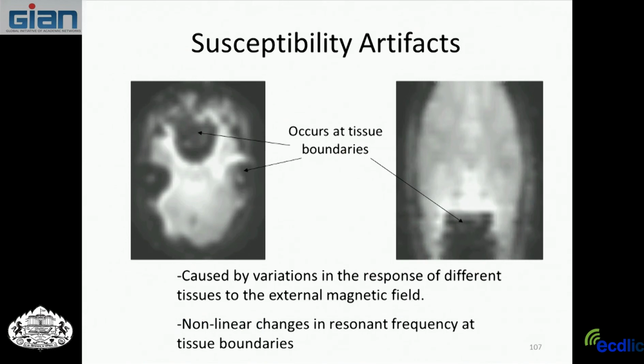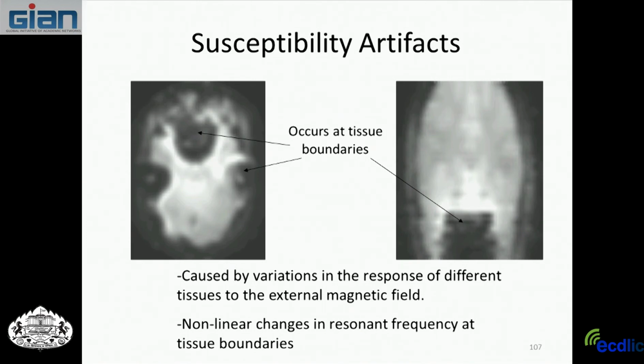Susceptibility artifacts happen when you're trying to image two different tissue types within one voxel. Remember, each of our voxels has a uniform intensity within it. So what happens at the boundaries of the image when you have one voxel that contains both air and brain tissue? That's the problem that causes these susceptibility artifacts.